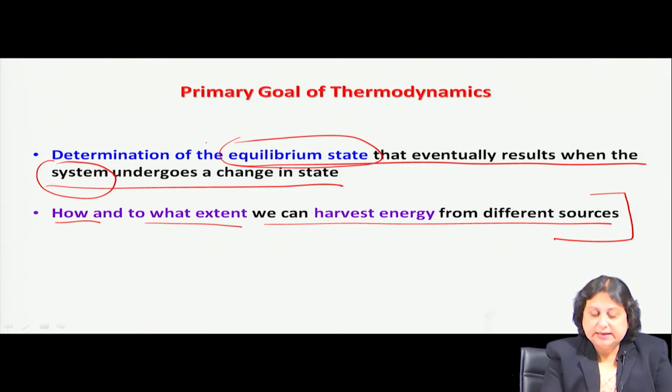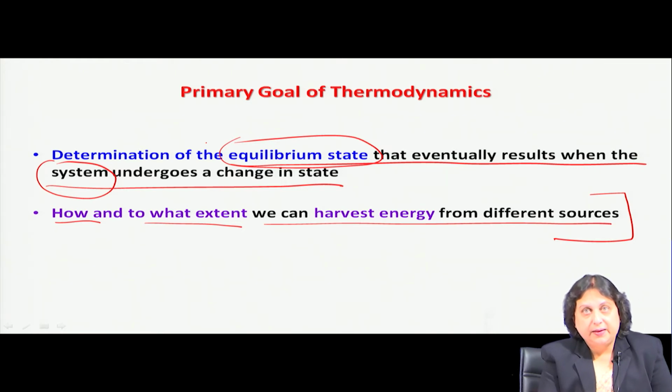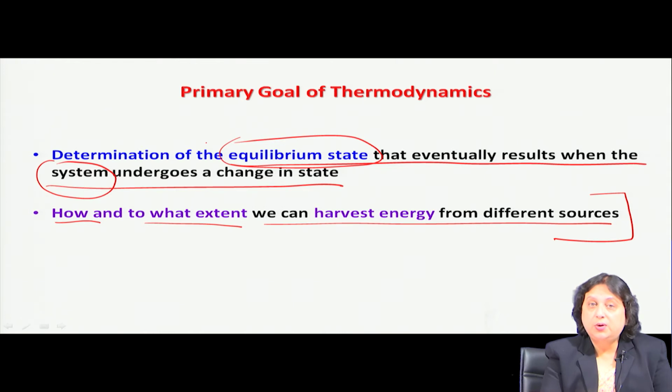It had to understand that we can harvest energy only when the system passes from one equilibrium state to another. And therefore, we needed to understand what will be the new equilibrium state if we start from one equilibrium state, then induce it to undergo a change in state in such a way that we can harvest maximum energy from the system to do some useful external work.